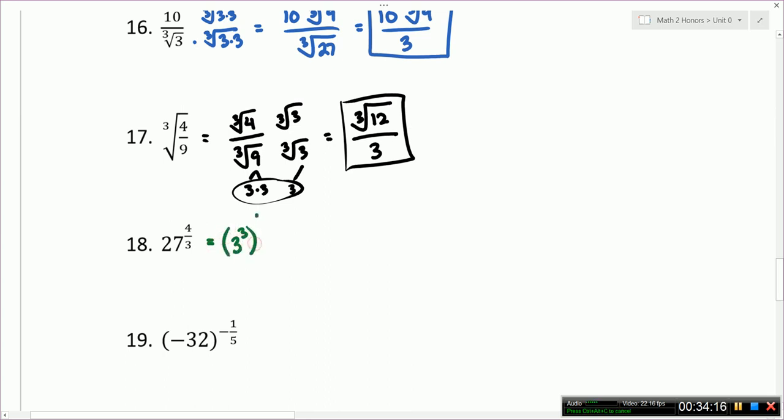And we already have the exponent 4/3 on top of that. So multiply your exponents. So this is 3 to the 12 over 3. And reduce. 12 over 3 is 4, so this is 3 to the 4th power. And we can keep going. 3 to the 4th power is 3 times 3 times 3 times 3, so this is 81.